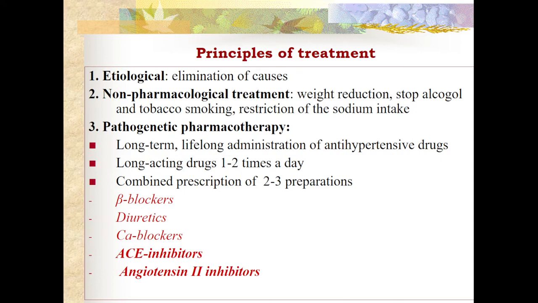In the first place, ACE inhibitors or angiotensin II receptor blockers, if intolerance to ACE inhibitors occurs. Beta blockers, calcium channel blockers, and diuretics are used for management of arterial hypertension.